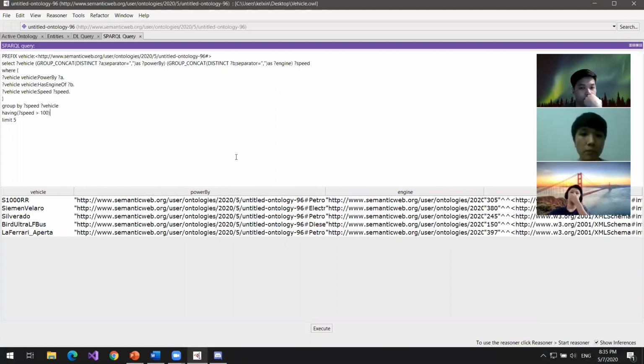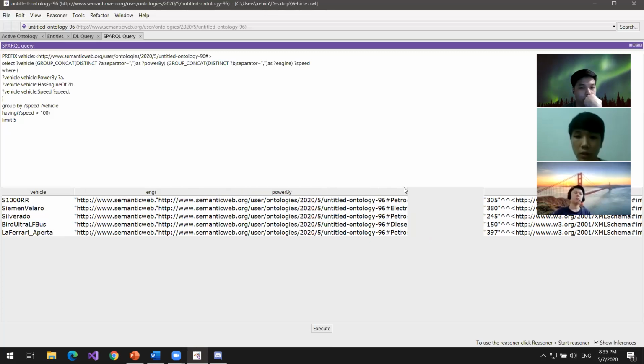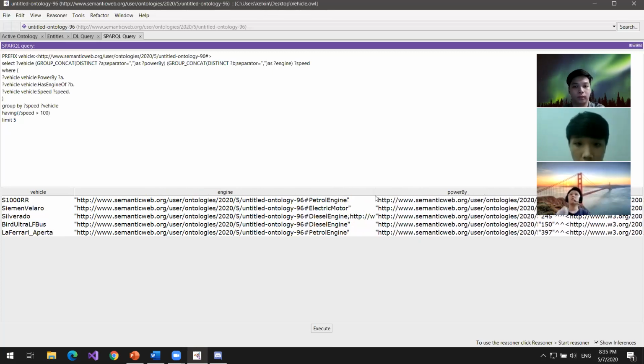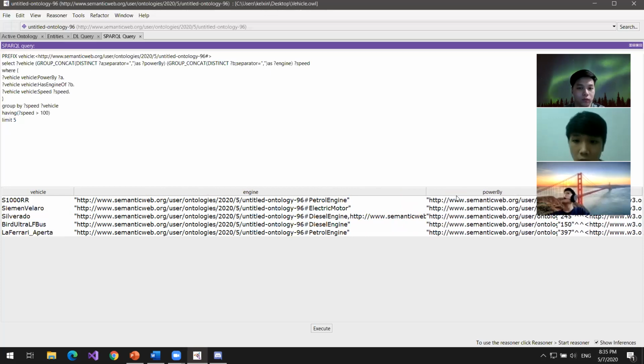So we are using the group concat with a comma to link the results together. And the result we only want to display with the speed more than 100, and we only limit 5 results.